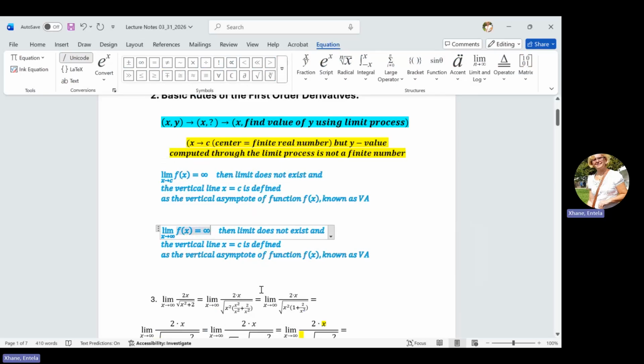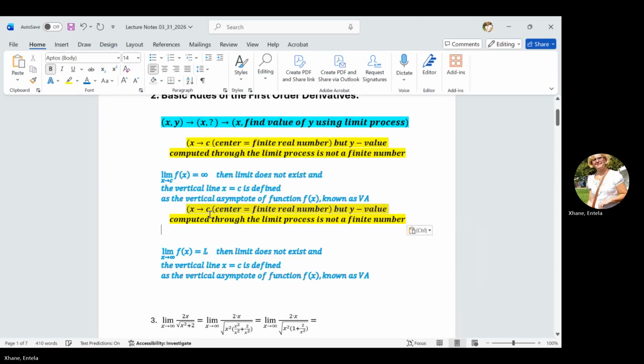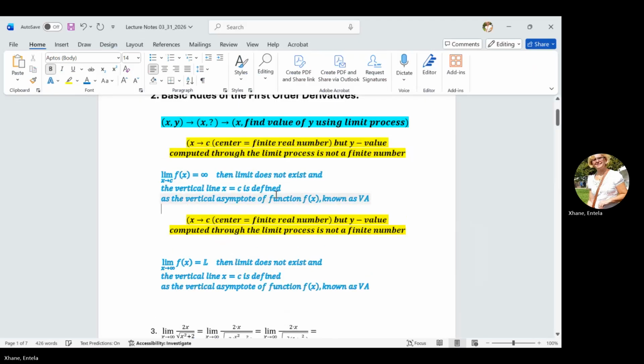And by the way, this can be positive infinity or negative infinity. So the center goes to infinity, and let me copy this right there. So the center goes to infinity.